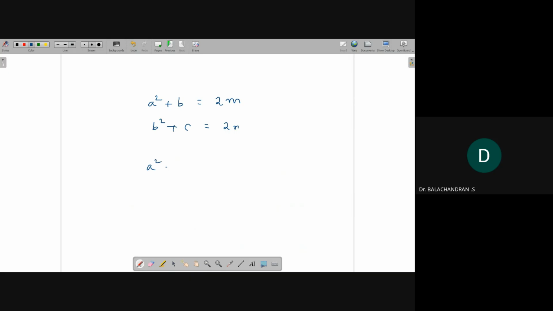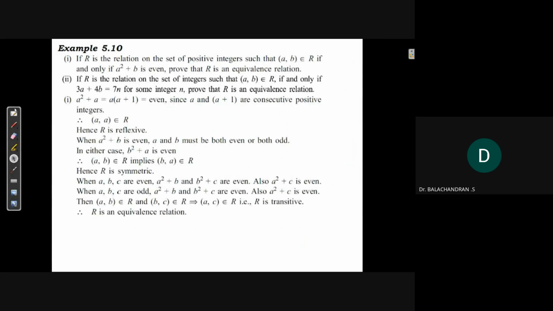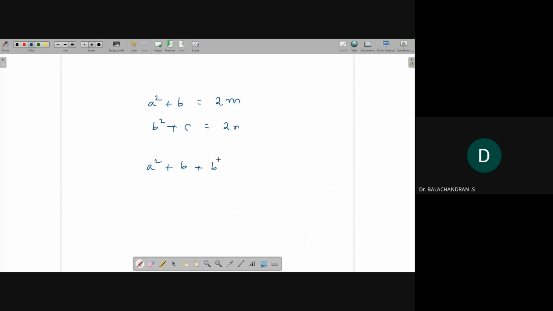If you add these two, you get a square plus b plus b square. But if you add this, you cannot get a square plus c directly. So b square plus c is equal to 2n, and a square plus b is 2m, so you can write 2 into m plus n. I'll keep a square plus c on the left side.